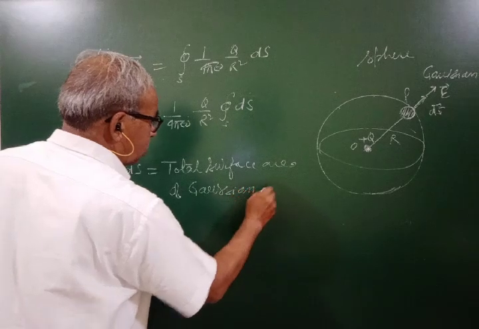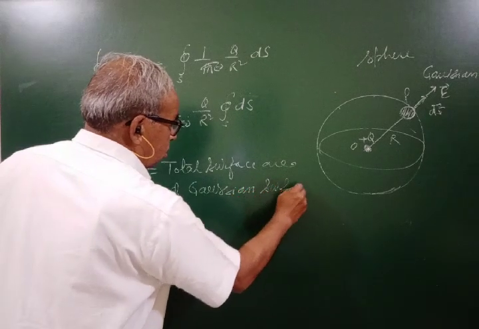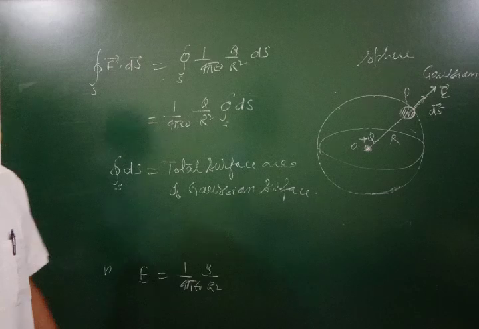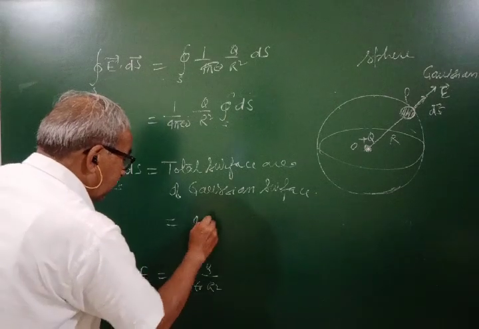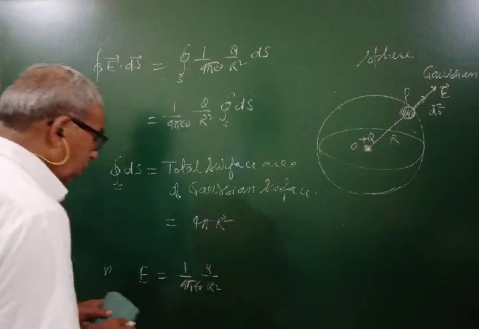And what is the Gaussian surface here? The Gaussian surface is a sphere, whose area is equal to 4 pi r square.